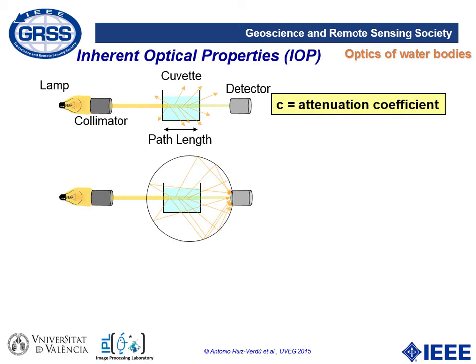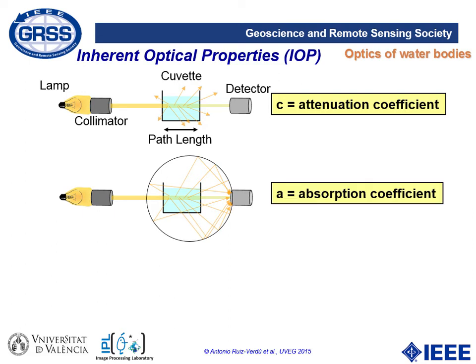If we put this cuvette inside what is called an integrating sphere, that means a sphere that is covered by a white, completely reflective material, what we can collect at the detector is the transmitted light, and also the scattered light, because the scattered light is collected by the walls of this integrating sphere and converged on the detector.